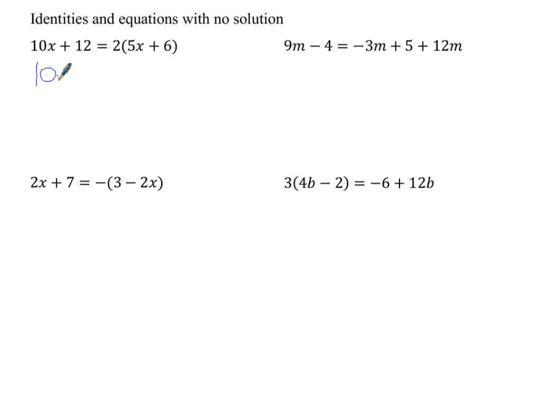So I write 10x plus 12 equals, and then I distribute. 2 times 5x is 10x, 2 times 6 is, so I write plus 12. You might have some little sirens going off in the back of your mind, but not really understand why at this point. What should we do now?